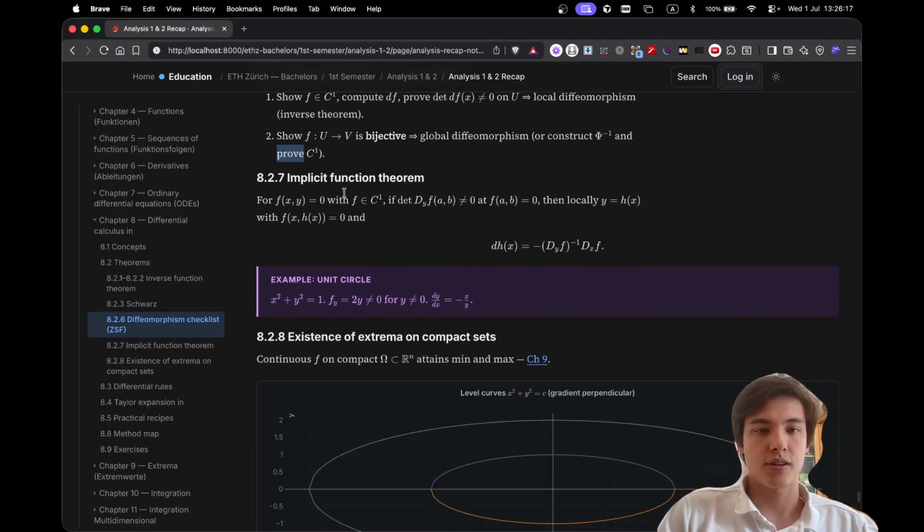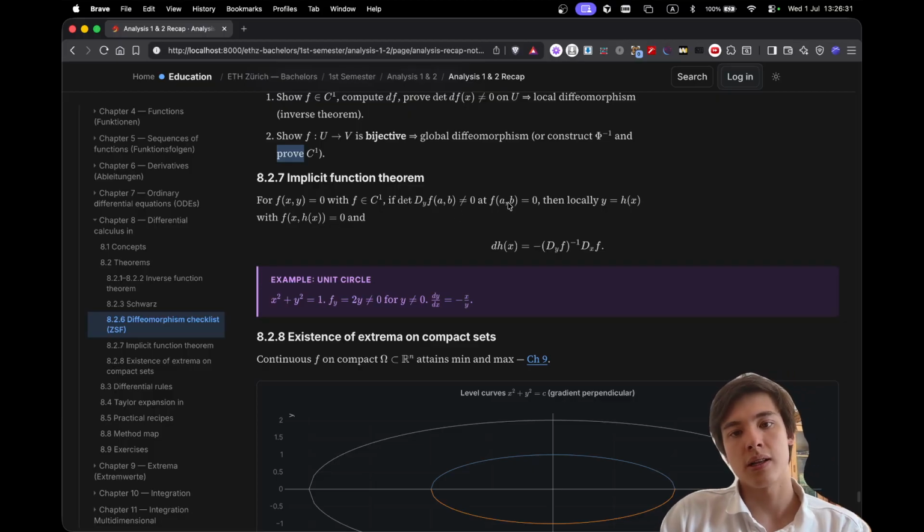Implicit function theorem: for f(x,y) equals 0, and if it's C1 and the determinant is not equal to 0 at that point, then locally y equals h of x with f(x, h(x)) equals 0, and the derivative of h equals this.